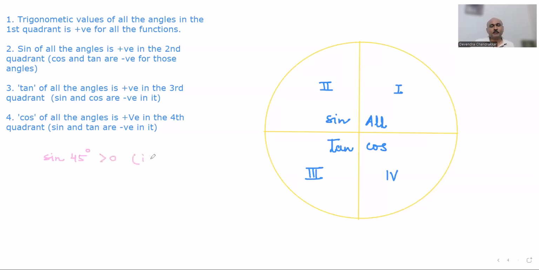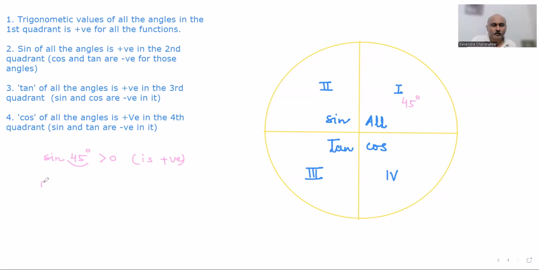That means it is positive. Clear hai? Because a 45 degree angle lies in the first quadrant. I hope this is clear to all of you. Yes or no? Kids, please say yes or no. Yes, sir. You have to respond, right?